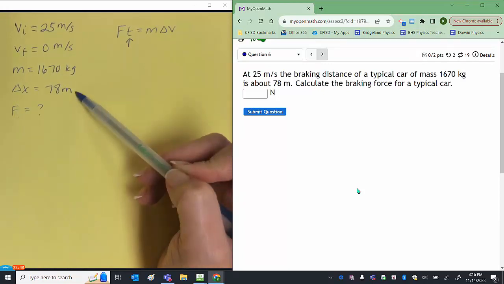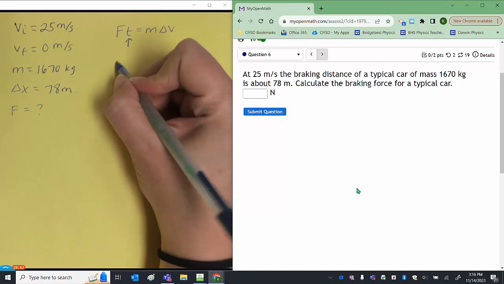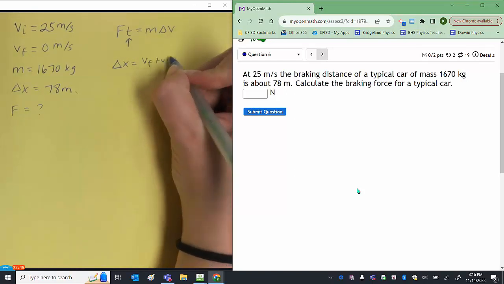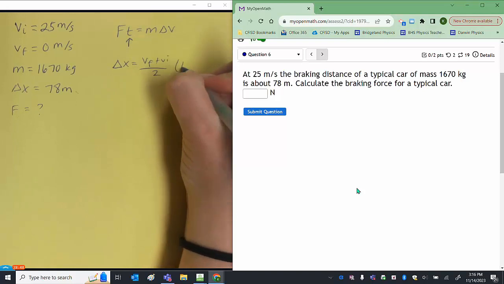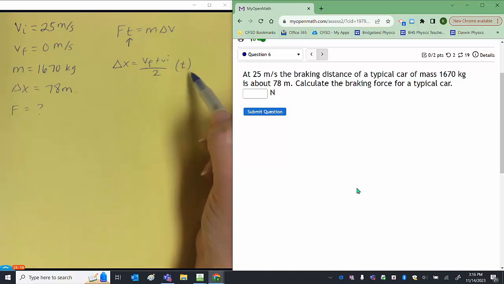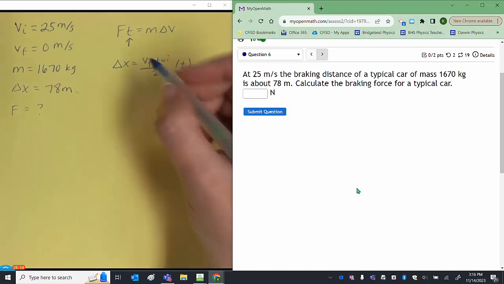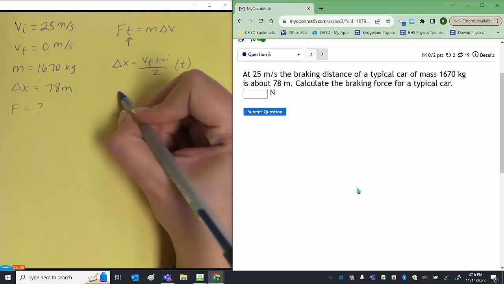So I'm going to use this kinematic equation, delta x equals VF plus VI divided by 2 times time. I'm going to use it to find the time and then plug it in here and I can find my force. So I have my 78 meters.